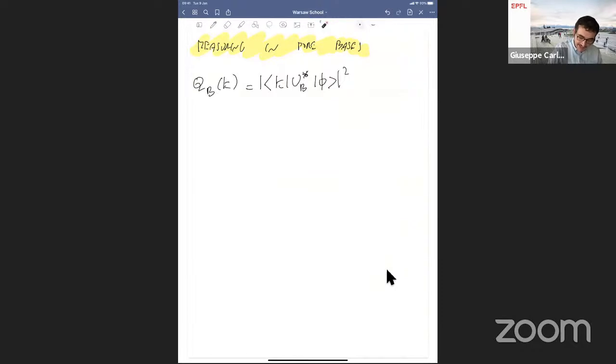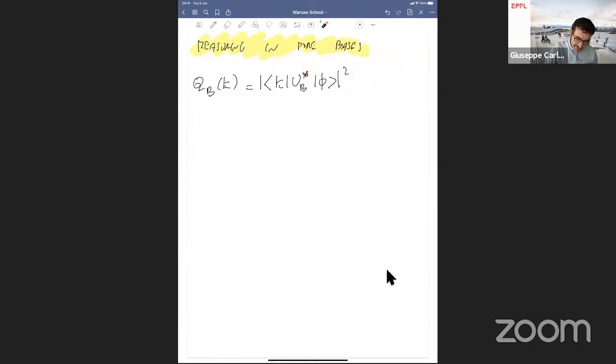I'm considering a unitary U that does some rotation in my system, just changes the computational basis. This is applied onto the original state, or alternatively, you can think that this U is applied on phi and then you measure in the same basis. That's in practice what you do when you work with, for example, quantum computers.